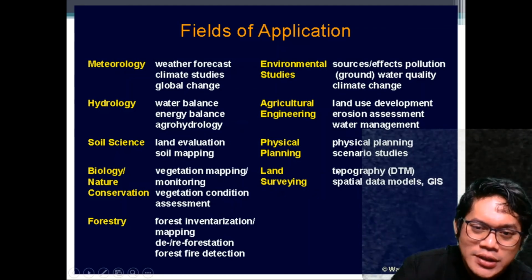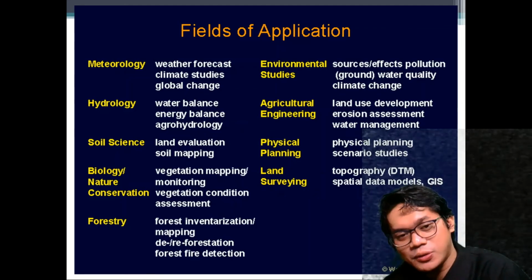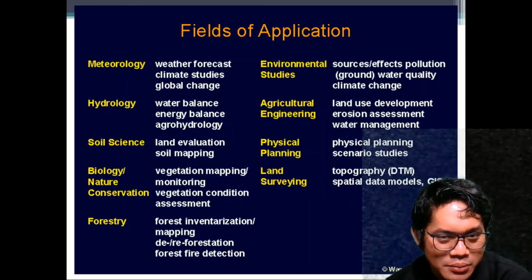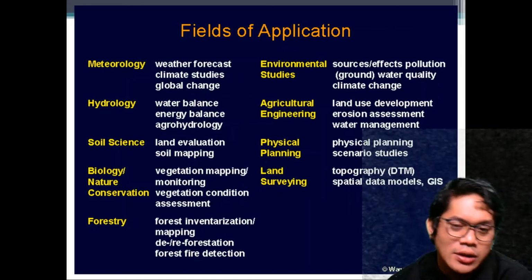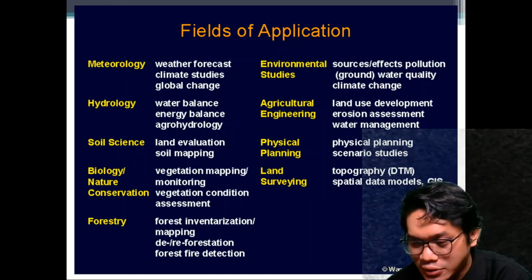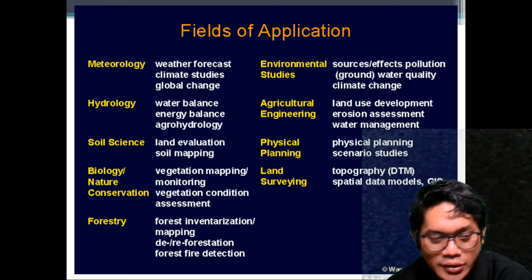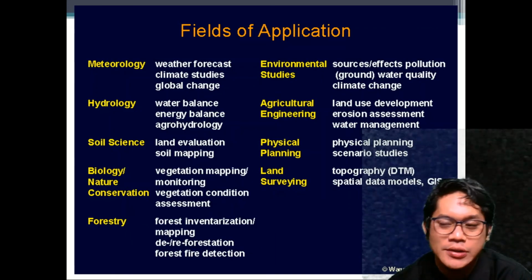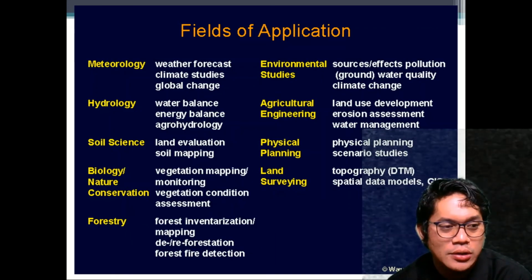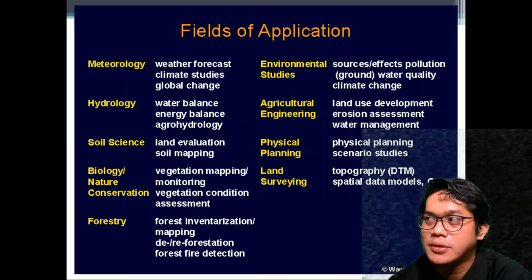But remember, physical planning is where social science will use it, because in development, by using remote sensing, you are able to understand the land use, the social economy of people, and the population over the area. You can see how well the area is developed, the built up area, accessibility, and more.